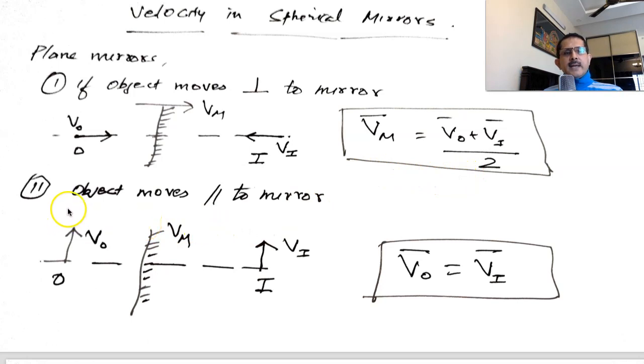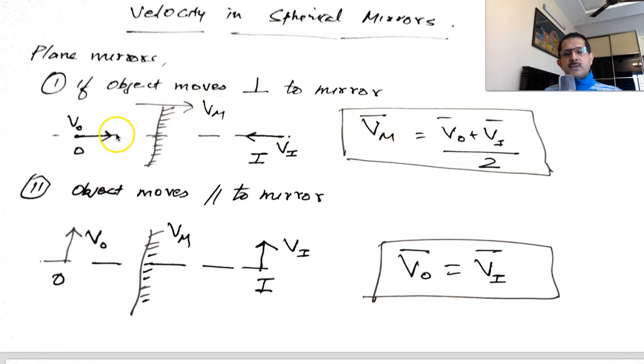Now in the second case, if the object moves parallel to the mirror as shown here, in that case we know that the velocity of the object and the velocity of the image would be the same. Now remember one important thing, that velocity is a vector quantity. So here Vo vector is equal to V image vector. Similarly, here we are talking about velocities.